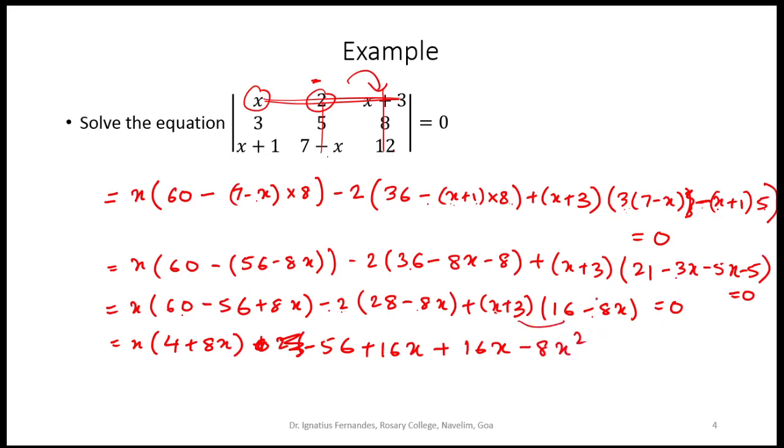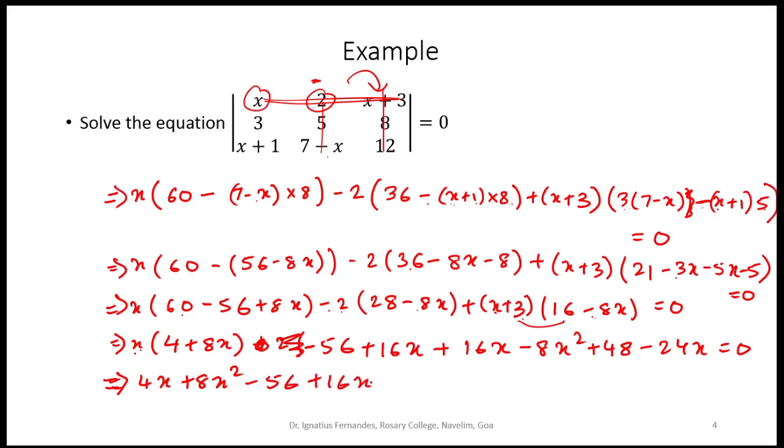I multiply 3 with 16, 3 into 16 is 48, and 3 into minus 8x is minus 24x, equal to 0. So this implies x into 4 is 4x, x into 8x is plus 8x square, minus 56 plus 16x plus 16x minus 8x square plus 48 minus 24x, equal to 0.